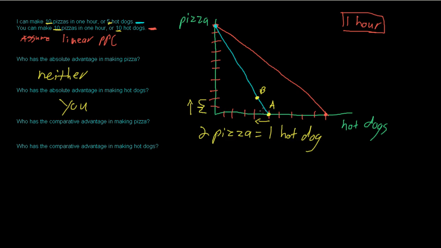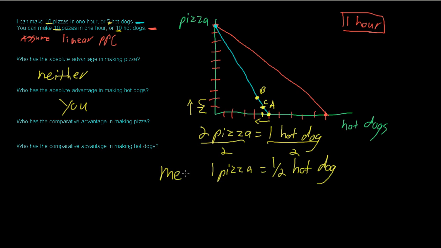Well, that would take us right here to point C. And that is, if I could draw my lines perfectly straight, exactly half of a hot dog. So you can just divide by 2 here. Divide by 2, divide by 2. So 1 pizza is equal to half a hot dog. So this is for me. The opportunity cost of 1 pizza is half a hot dog.